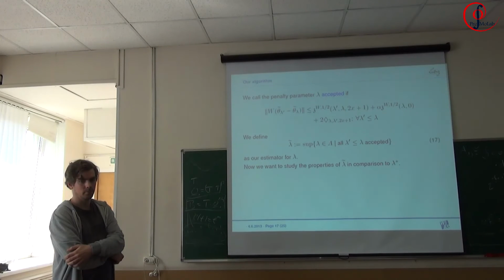In fact, a careful choice of upper function, what is written on the right, is called the upper function. So basically, you take the differences and you say, I take the largest lambda, so that to the left of this lambda, I don't see any bias. Everything is below this curve, this upper function. So this is the choice, and you are interested to make this upper function as small as possible.